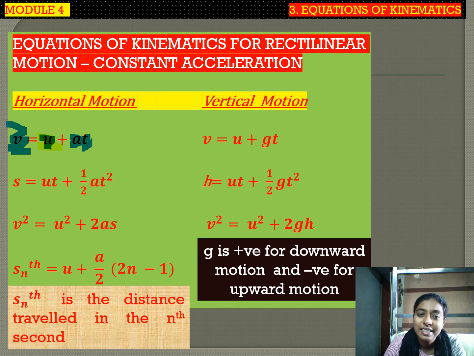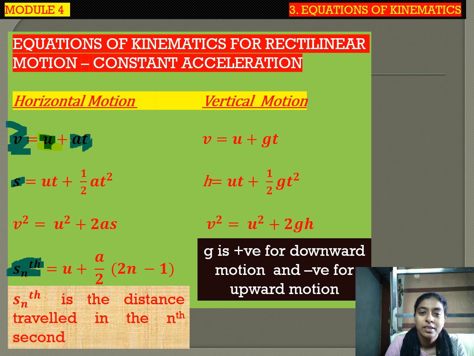S is the displacement. Now, s nth is the distance travelled in the nth second, for a particular second. Fifth second means just the fifth second.